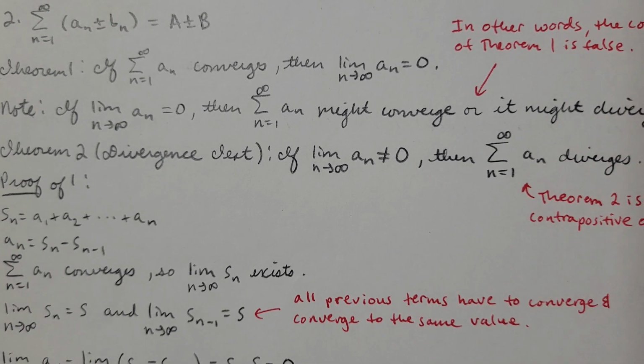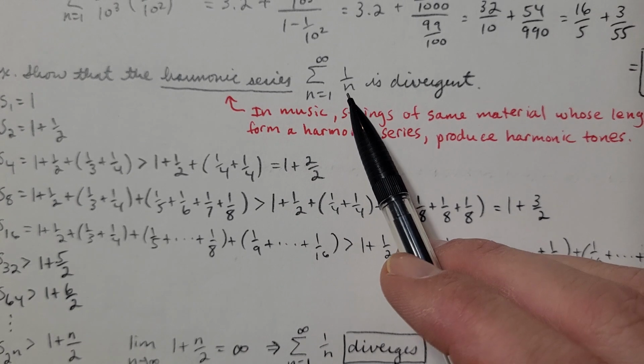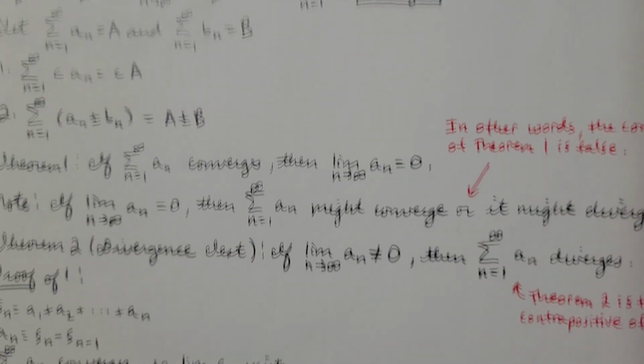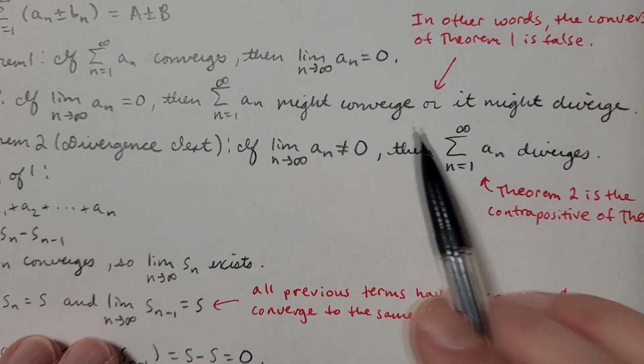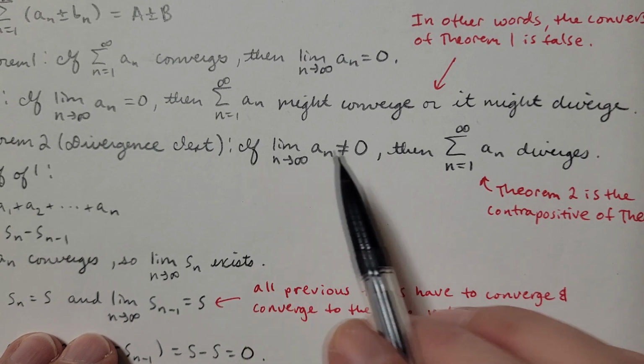You can't necessarily assume that the limit as n approaches infinity of a sub n is not 0. Here's an example: the limit as n approaches infinity of 1 over n is equal to 0. So again, don't read this backwards, right to left. Read it left to right.